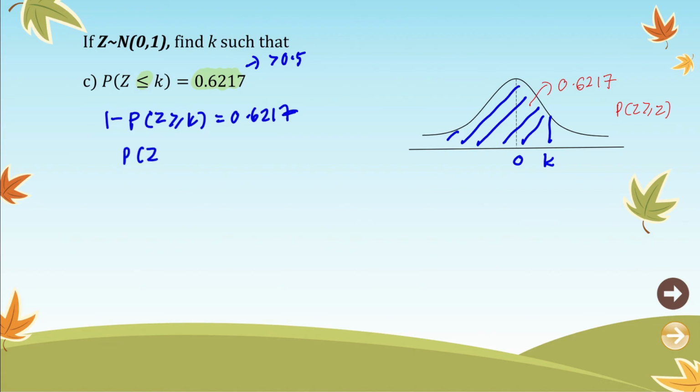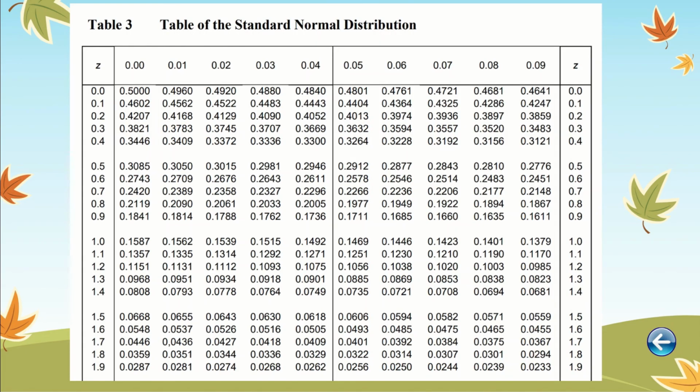Simplify the value, so Pz greater than equals to Z is equals to 0.3783. So 0.3783 is this area. Now we can refer to table 3. So we find the value 0.3783. This is the value.